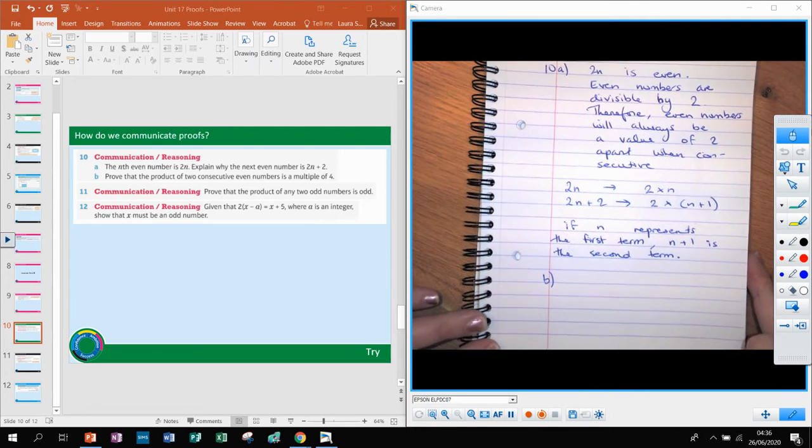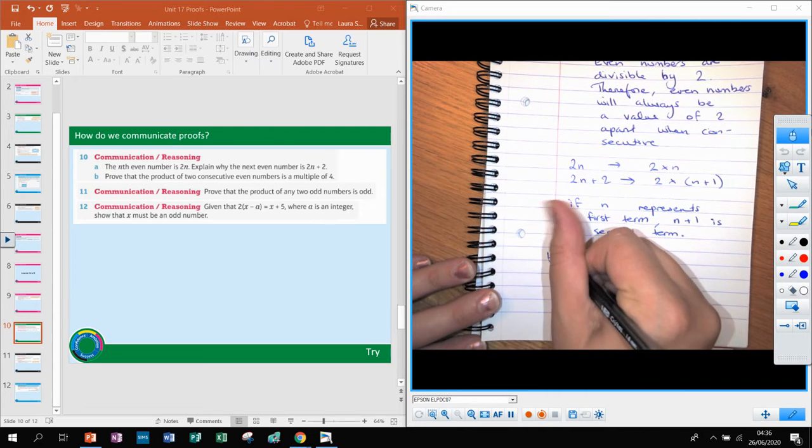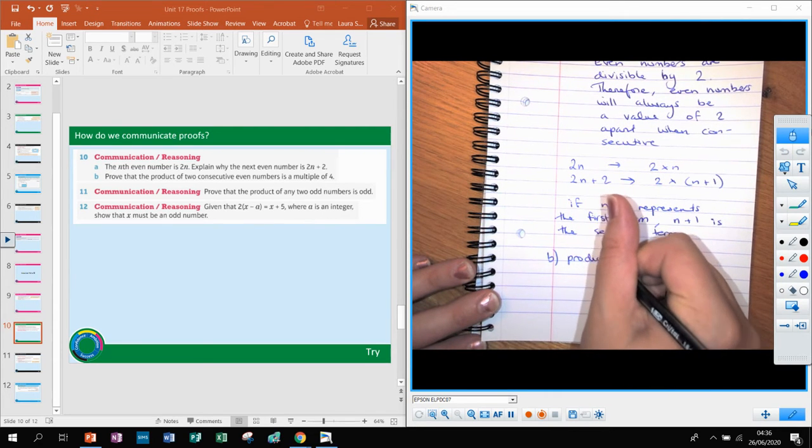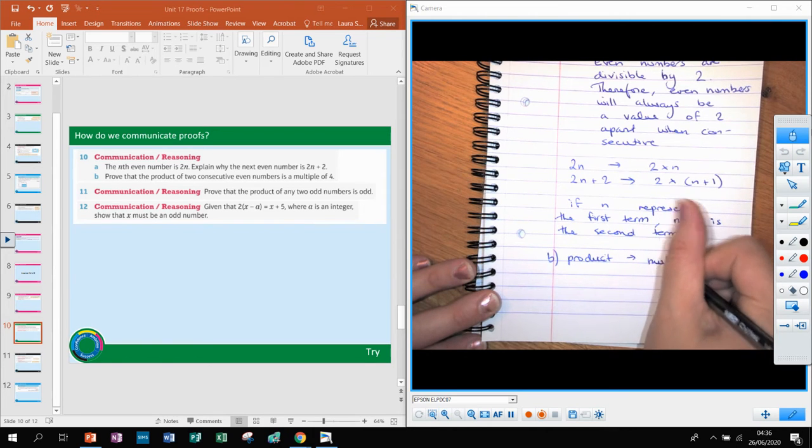Part B says, prove that the product of 2 consecutive even numbers is a multiple of 4. Now product we have to know means multiply, so the first thing I'd be thinking is, what is product? And we make sure we remind ourselves that that's to multiply.